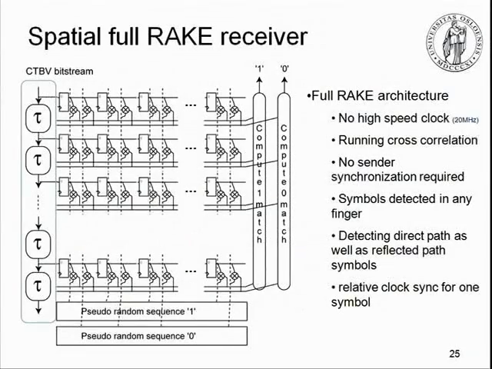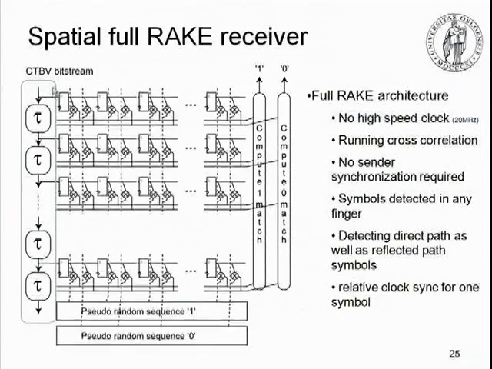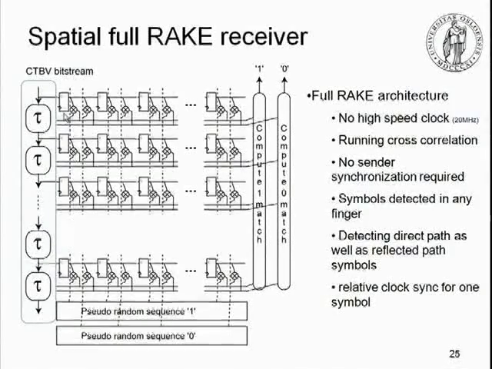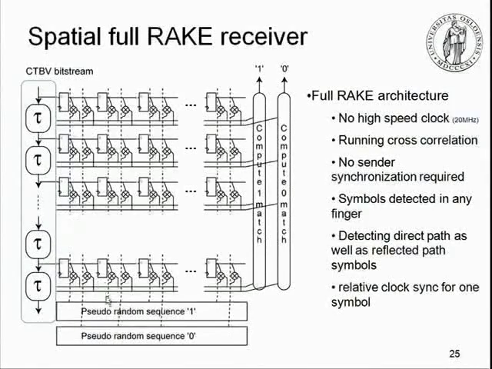So if we organize now, I have my bit stream coming in here in continuous time. This is continuous time, all delay lines. Now, if I look at these taps and I clock them, basically what I do is fill up my delay line and then I sample. Then I fill up my delay line and I sample.